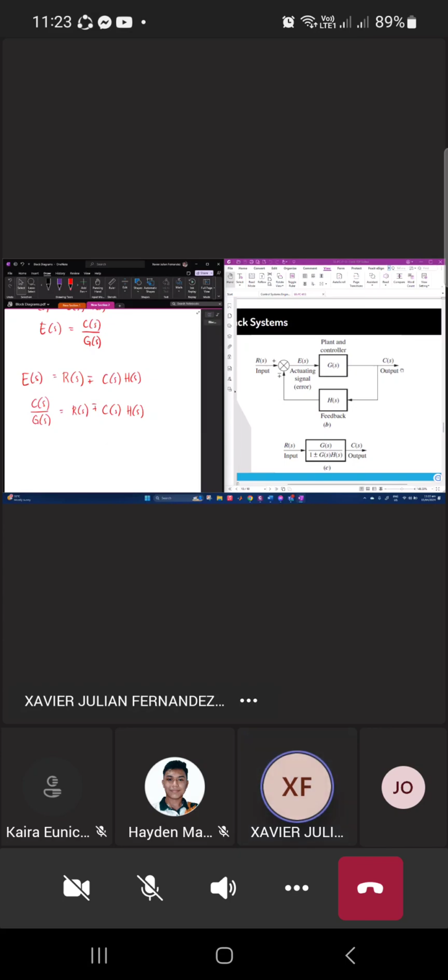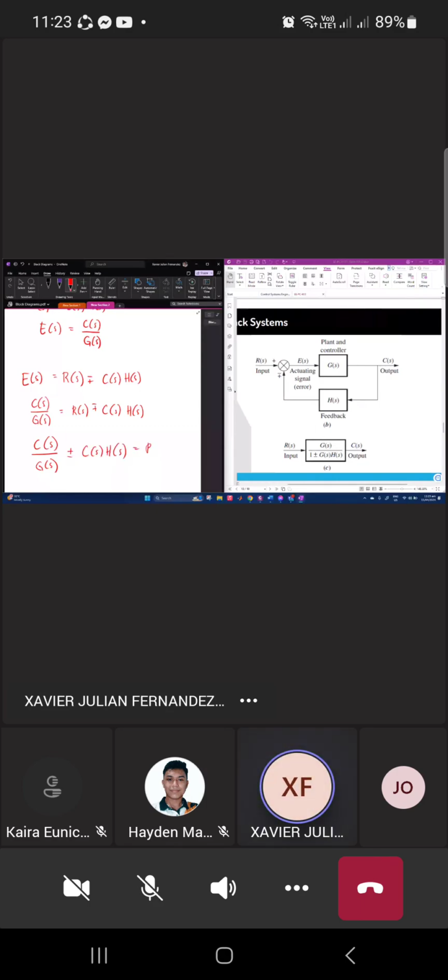Now we can extract C of S. That's C of S times 1 over G of S plus minus H of S equals R of S.